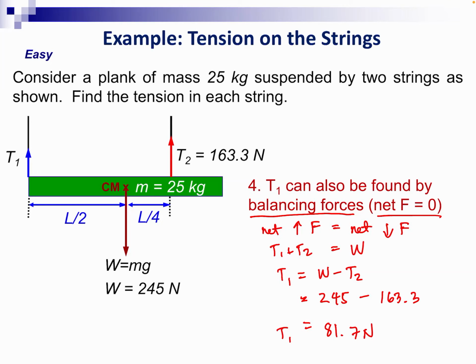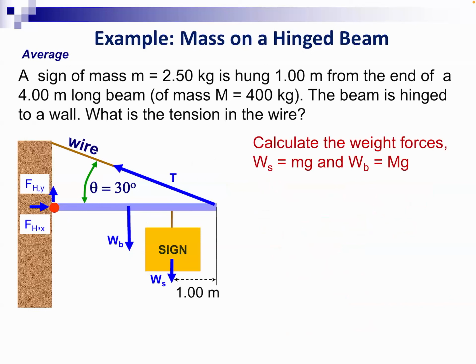If we're happy with this solution, then let's try to consider something a bit more complex, an average difficulty problem. You have here a sign. This sign has mass M, 2.5 kilograms. It's hung 1 meter from the end of a long beam.